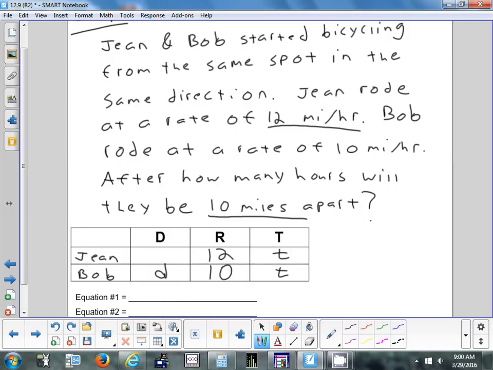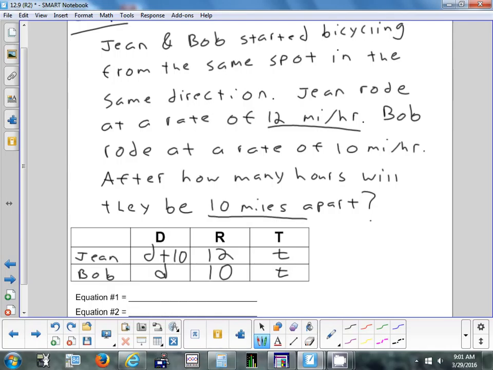So if Bob travels D, how would you represent 10 miles apart? Specifically, Gene's going to be 10 miles further ahead. Yeah? D plus 10. Right? So if you were doing this with your friend, maybe you went 50 miles and your friend went 60. The point is, however far you travel, your friend is going to travel 10 miles farther than you did. So if you went 25, they went 35.